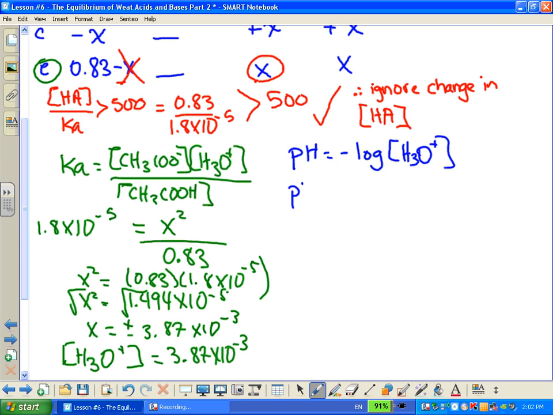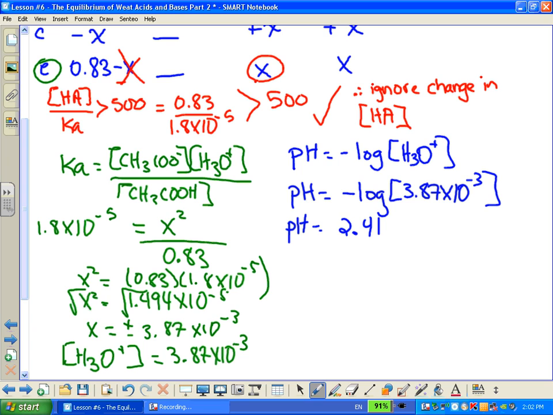So let's substitute our values in. So we substitute our H3O plus concentration that we found from before. And if you put that into your calculator, you end up with a pH of 2.41.